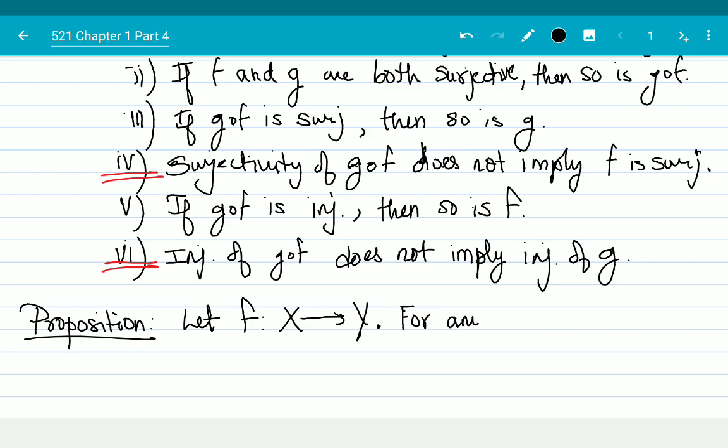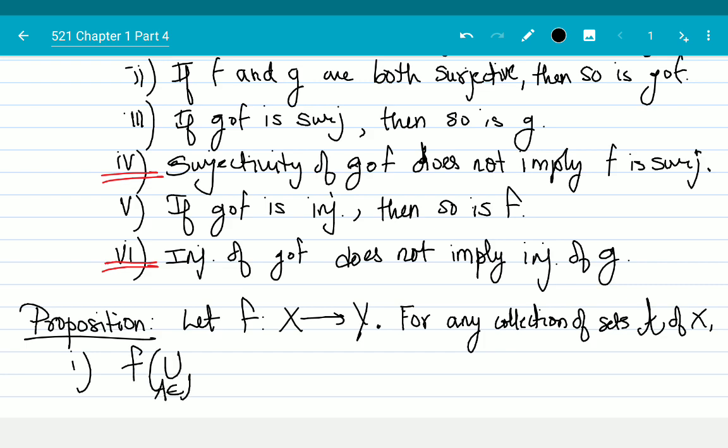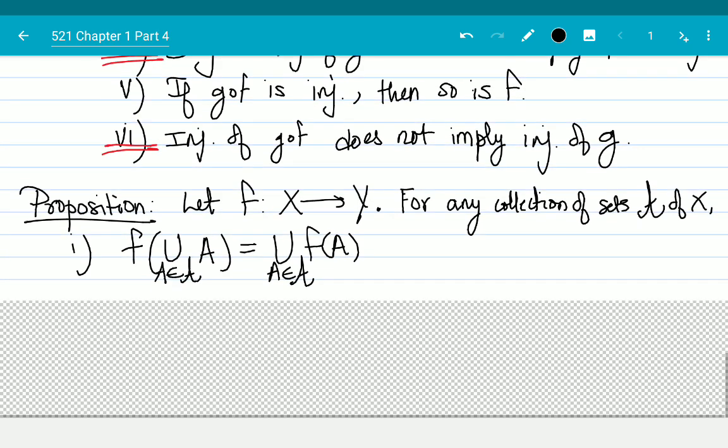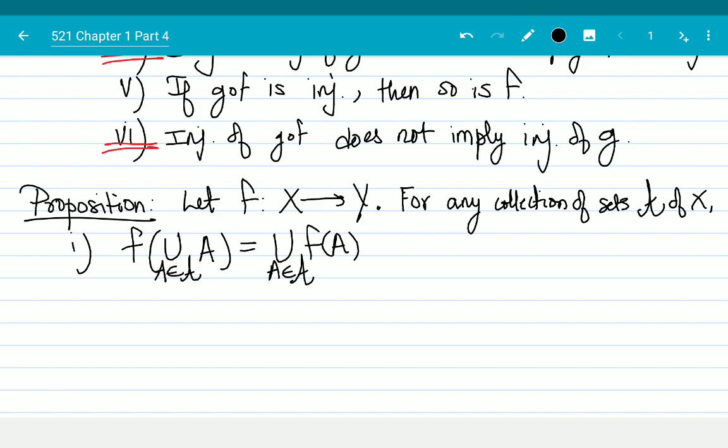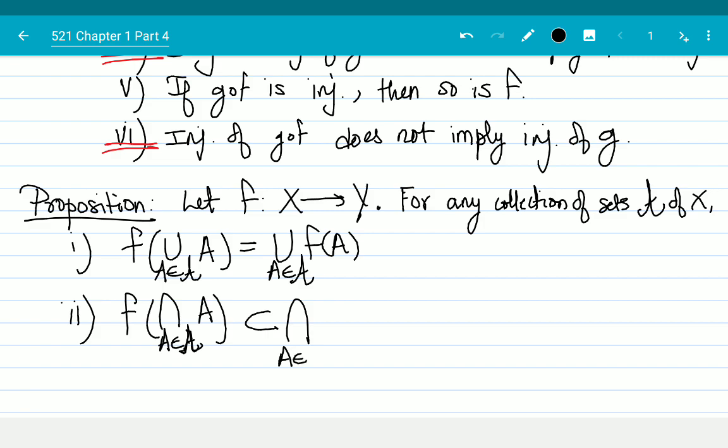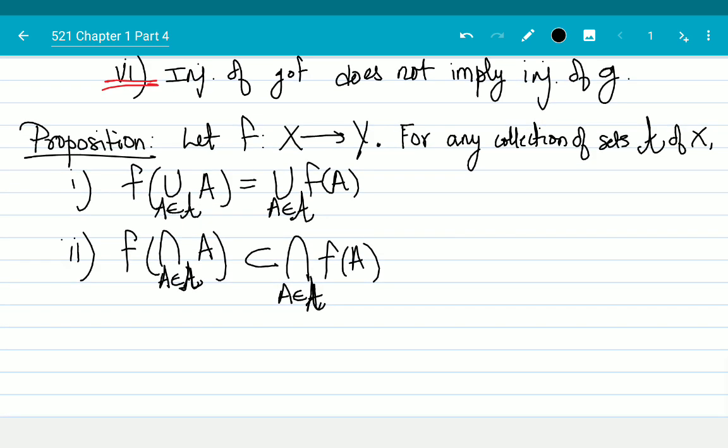For any collection 𝒜 of subsets of X, first, F of the union over A in 𝒜 of A is equal to the union over A in 𝒜 of F of A. The union works out perfectly nicely, but second, F of the intersection over A in 𝒜 of A is only contained in the intersection over A in 𝒜 of F of A. It need not always be equal.